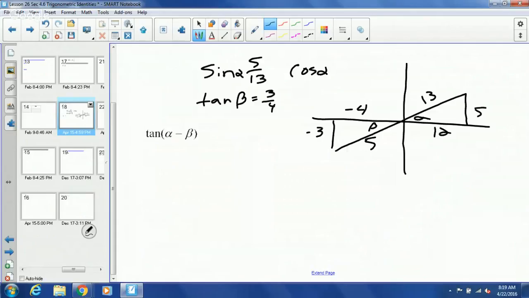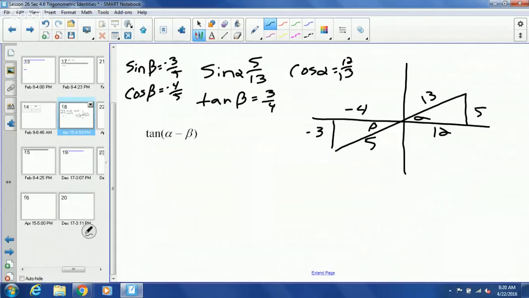That's just 12/13, right? All right, and then if I wanted to look at sine of beta, okay, that was just going to be -3/5. And then the cosine of beta was equal to -4/5. So we knew all of those, right?